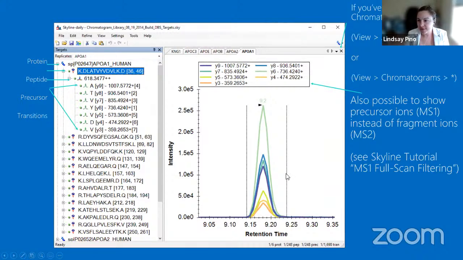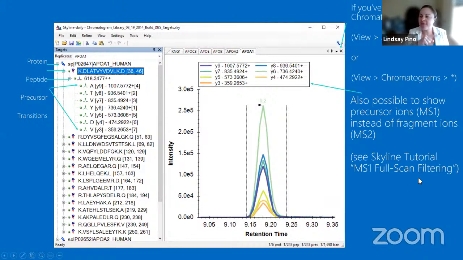You see they're +1s. So the chromatogram window, just a tip for you for later: if you happen to lose this, it's very easy to get the chromatogram window back. Here I'm showing just the MS2, so the fragment ions, because that's 99% of the time all that I care about. But you can also see precursor ions if you happen to care about those.